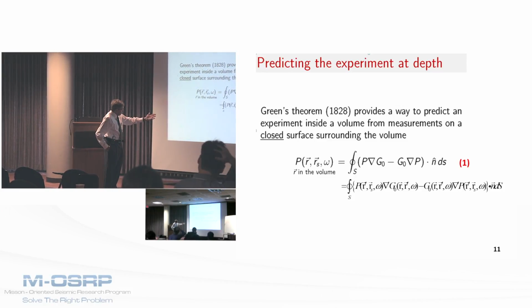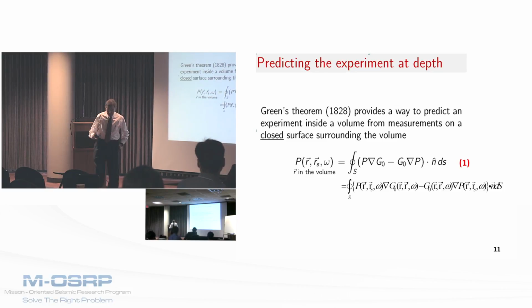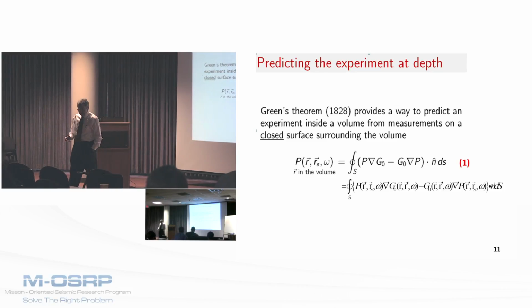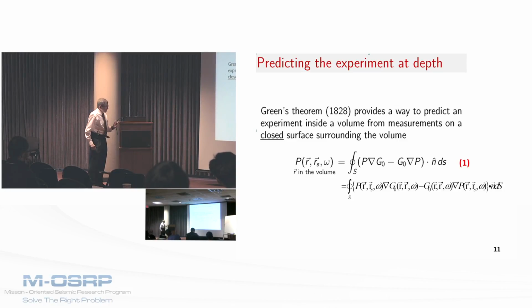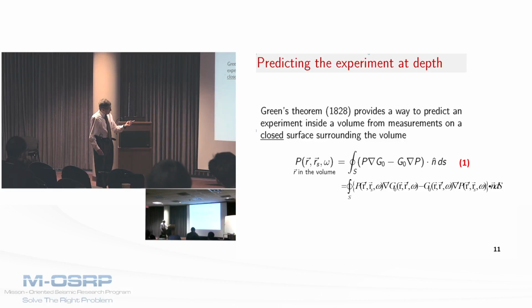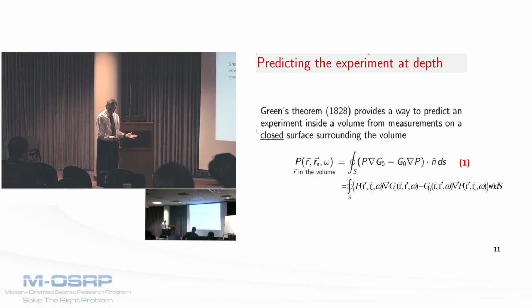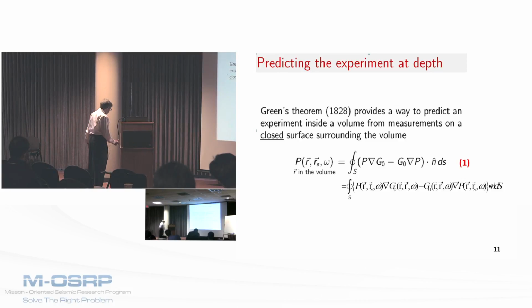And G0 has to be a Green's function that satisfies the properties inside the volume, just like the field does, both. But as we said, when we derived this, remember we said, for this Green's theorem business, any G0 will work. Yes? Any G0 will work. We're going to exploit that.